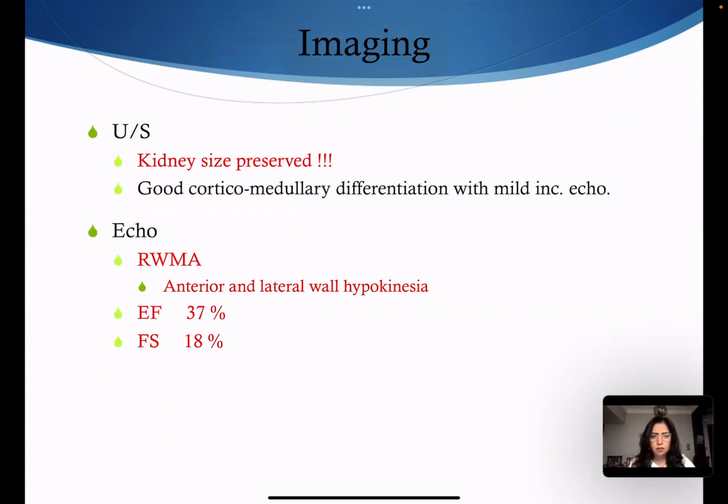The ultrasound showed a preserved kidney size, still with fair CMD, but unfortunately the ejection fraction fell to 37% with anterior and lateral wall hypokinesia, and we discussed the possible etiologies beforehand.